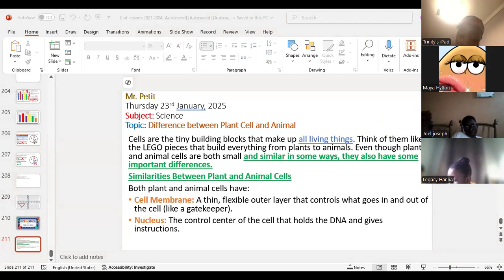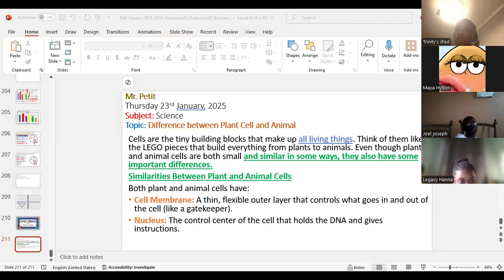Both of them have that thing that surrounds the cell. Now, both plants and animals have a nucleus in their cell. Now, Joel, read the definition of nucleus.